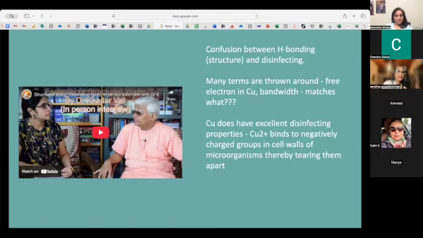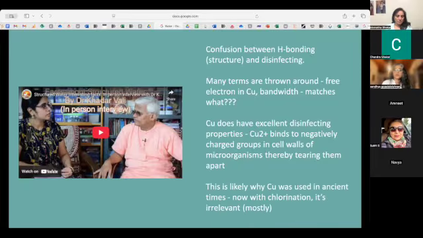So I think it's more logical to assume that this copper business was used back then when microorganisms were a big problem and people were dying of cholera and all these waterborne diseases. But today, you already have chlorine, which is doing that job. So this whole structured water is kind of a fuzzy topic, right?